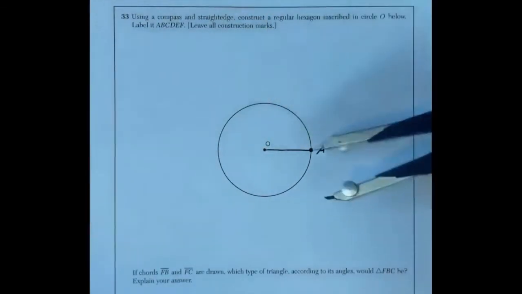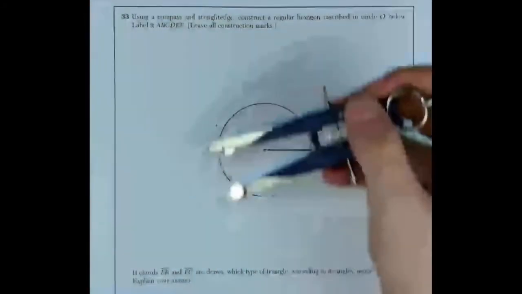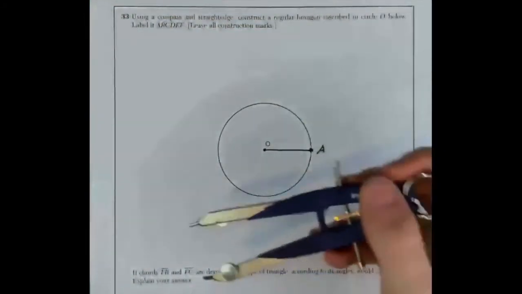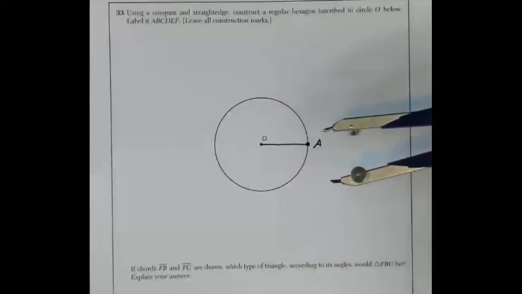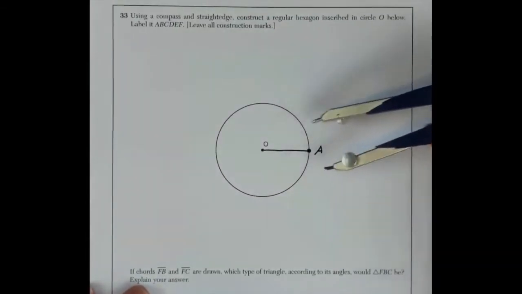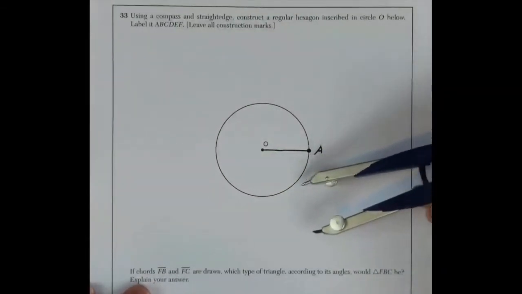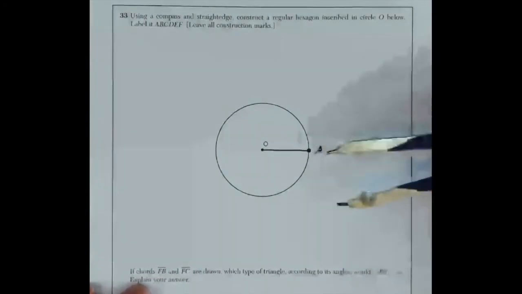The reason why, the minute you start going around the circle, if you start to mess up along the way, your last arc is going to pass point A. We want it to go around and meet up at A once again.